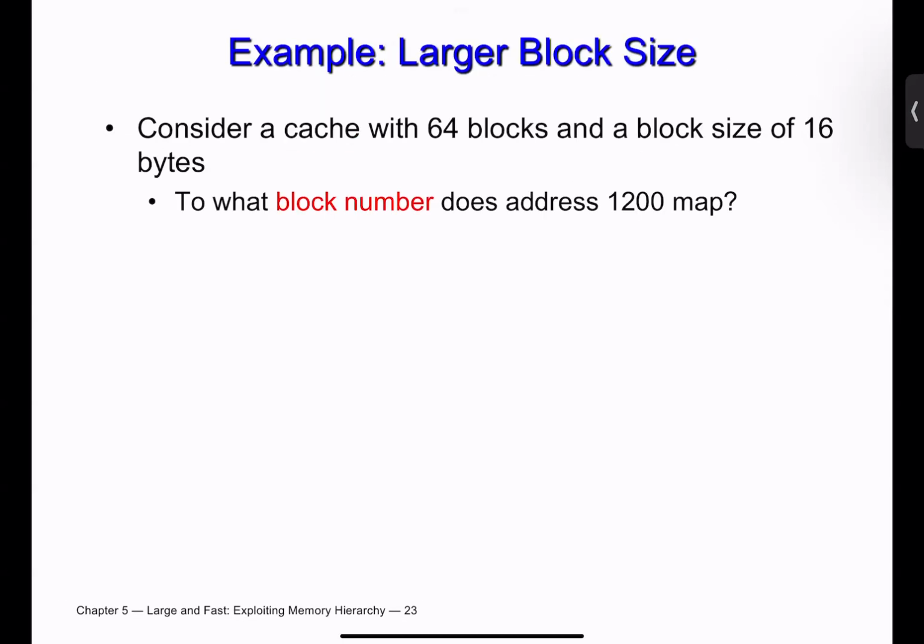So here, this is my cache. Instead of 8, I have from 0 all the way till 63. So I have 64 different slots. And in each block, I have from 0 all the way till 15.